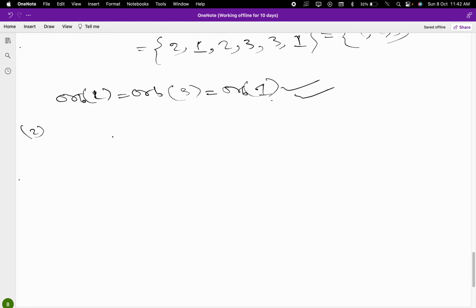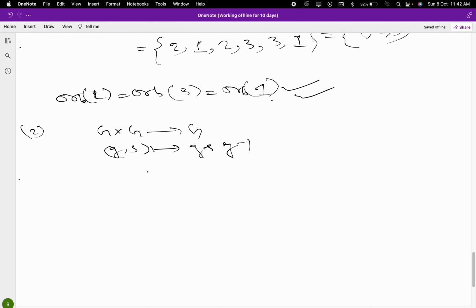Okay, let's take the conjugation action. G cross G to G, and any g and any s goes to g s g inverse, right? This action I am taking.